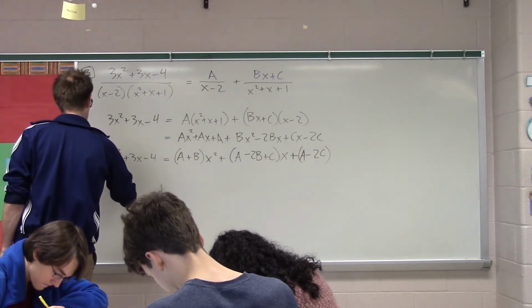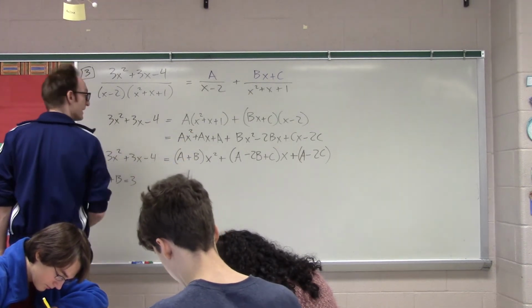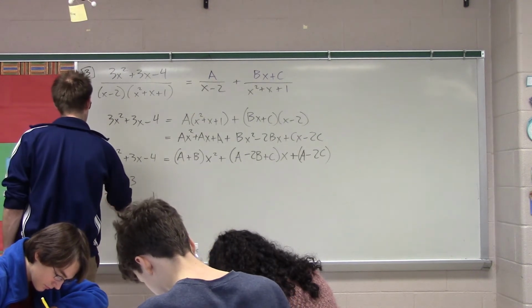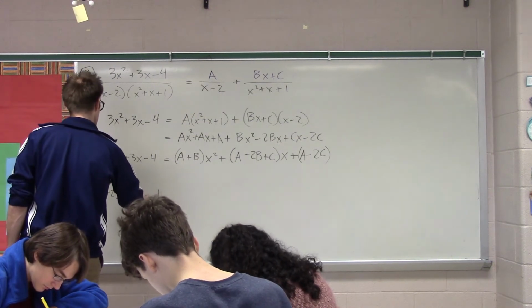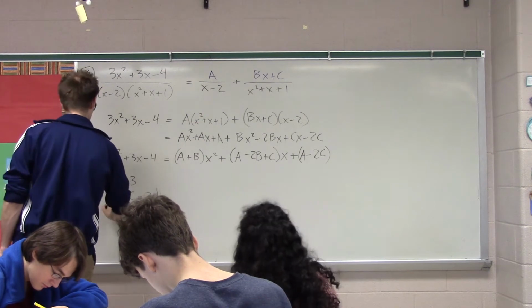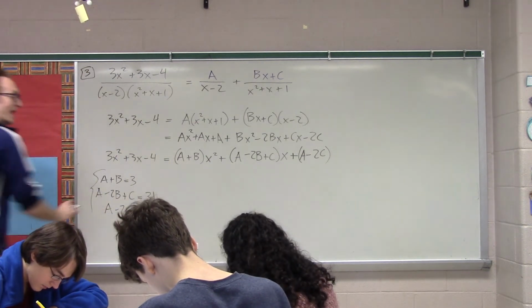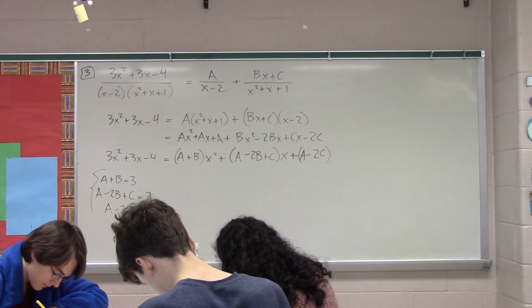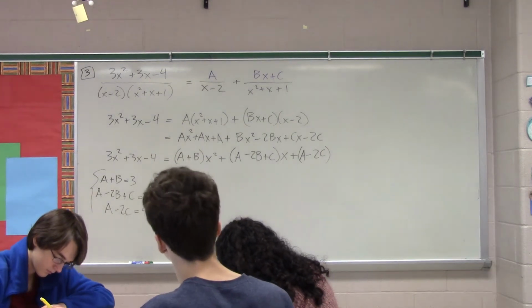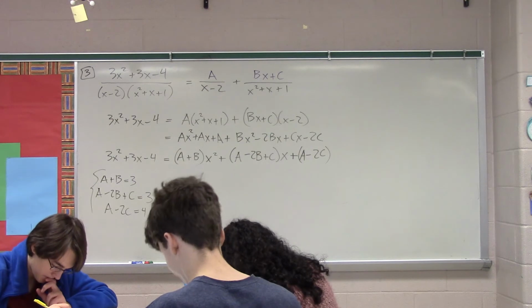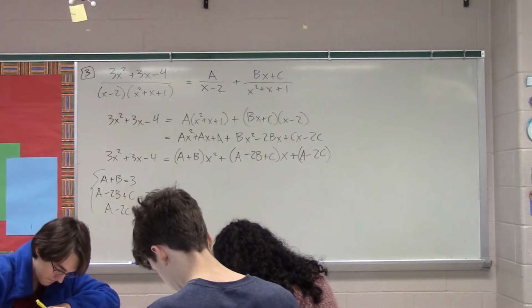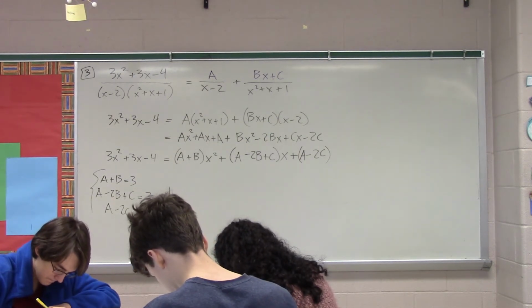So a plus b has to be 3, a minus 2b plus c has to be 3 also, and a minus 2c is 4. Okay, so that is a system of 3 equations and 3 variables, and if I solve it, I'll be done. Who's with me?